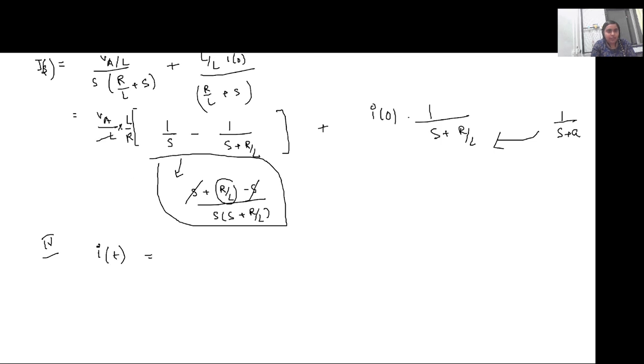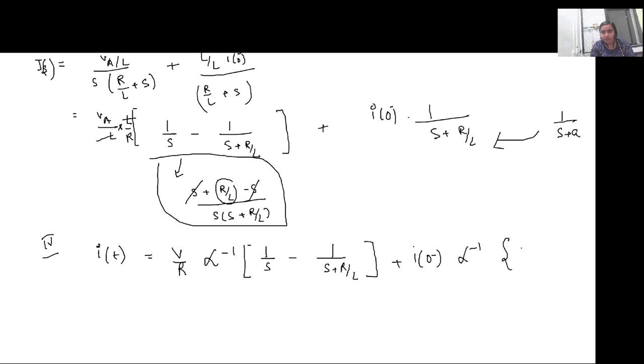So here L and L cancelled, it will be V by R, and we perform inverse Laplace transform to the equation that we have, plus I of 0. So inverse Laplace of 1 by S plus R by L.